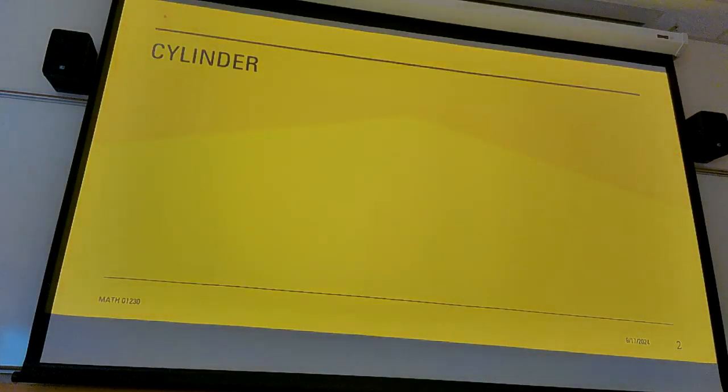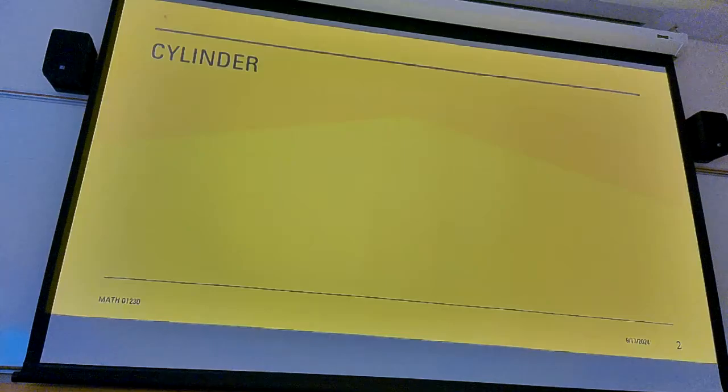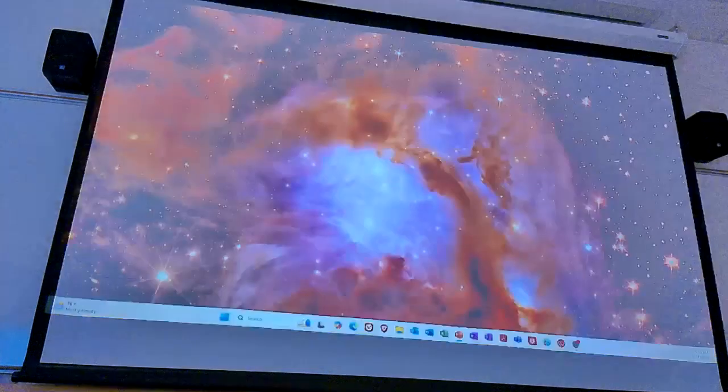Surfaces in space, we're going to start by examining a cylinder. What's a cylinder? So, who can draw one? What does it look like? A circular cross section. I think that's probably what most people picture when somebody says cylinder, right?